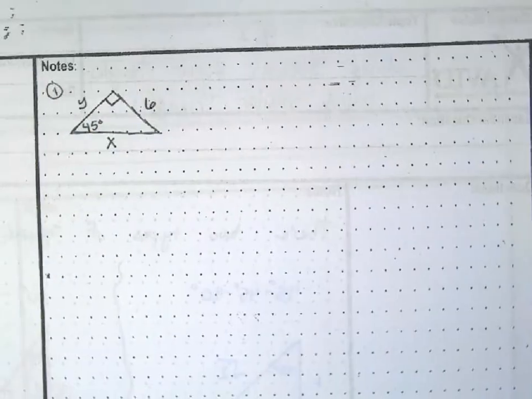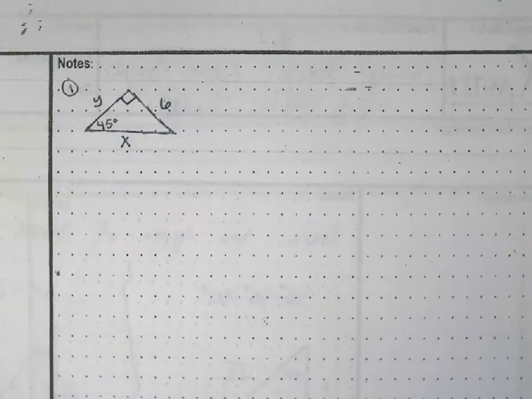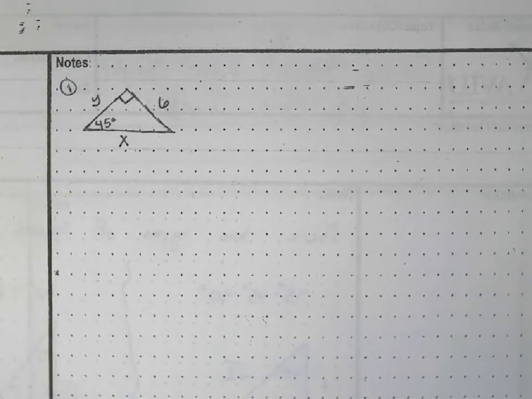We're looking at this. So this is how the problem's given. That's all I'm given. And I'm like, okay, how do I figure out what y and x equal? Well, what we can do is draw our 45, 45, 90 triangle and set up our proportions.